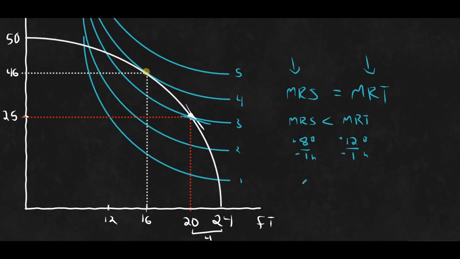There we go. So what it's saying is she would be willing to give up an hour of free time and gain 8 bushels of agriculture. Doing so would move her along her indifference curve. However, she is capable of giving up an hour of free time and getting 12 bushels. That is what she would do along the feasibility set. So she's willing to give up an hour of free time to get 8.